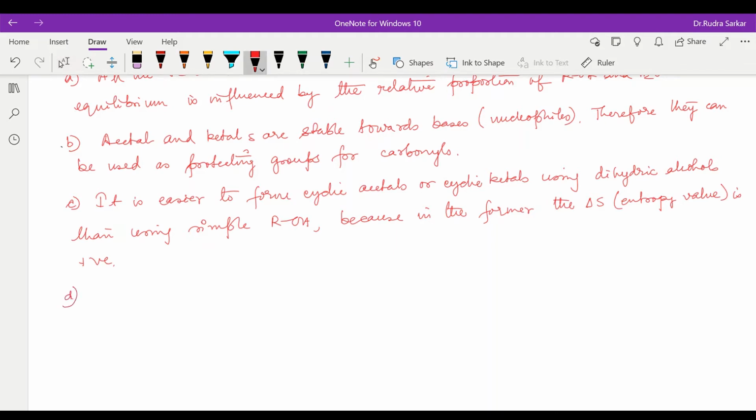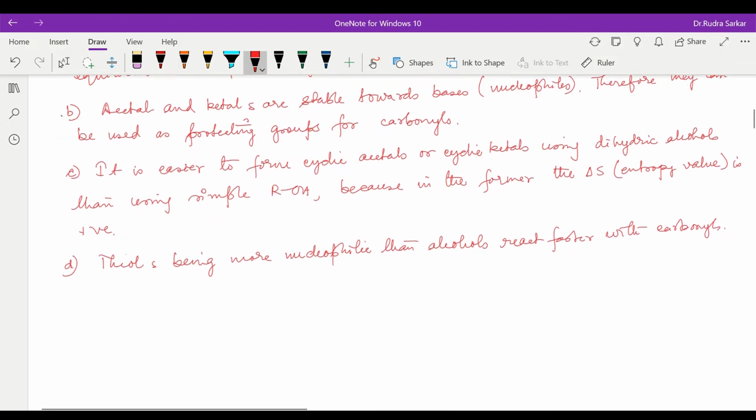Point number D. Thiols being more nucleophilic than alcohols react faster with carbonyls.